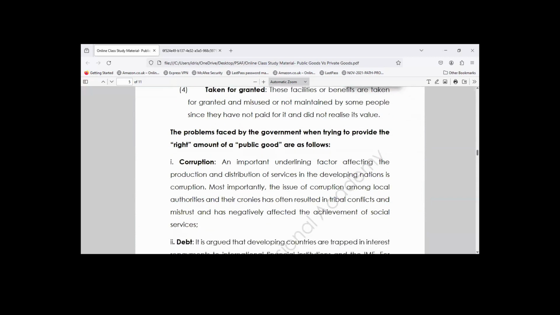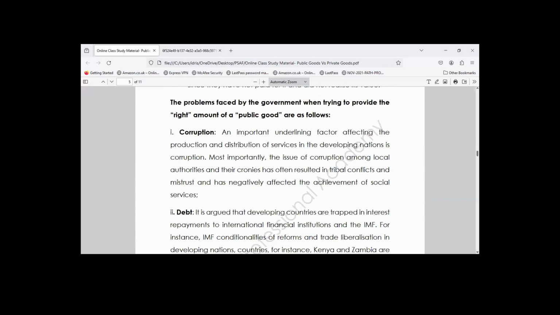The next heading we should look at is problems faced by government while trying to provide public good. What are the problems faced by government when they are providing public good? Number one, corruption.